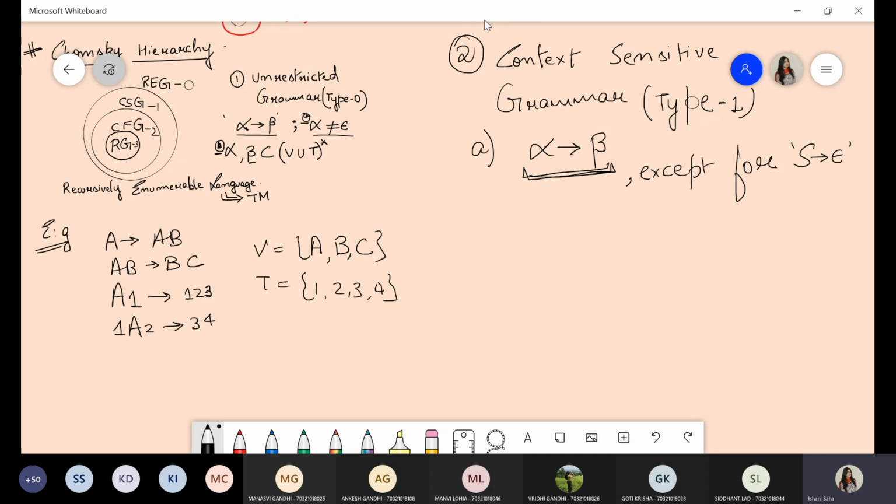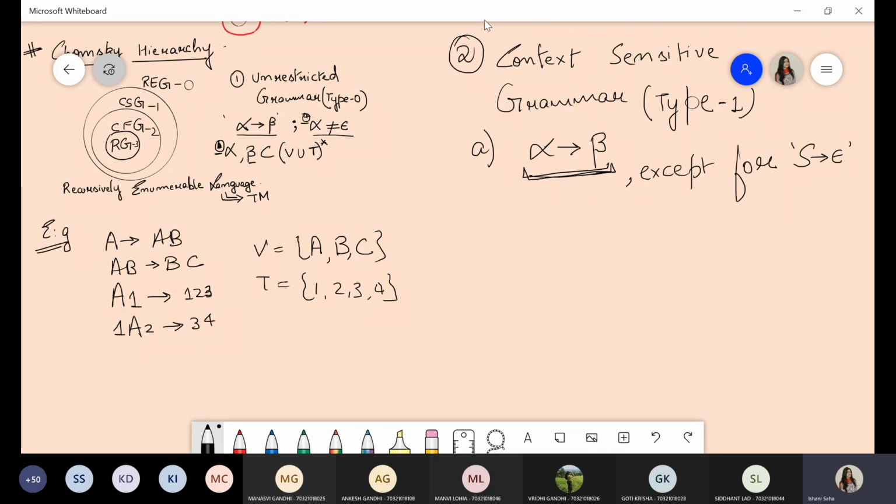That means whatever number of elements you have on the left hand side, the right hand side symbols together should be more than that of the left hand side. In simple terms, the count of symbols on the right hand side should be greater than the count on the left hand side.